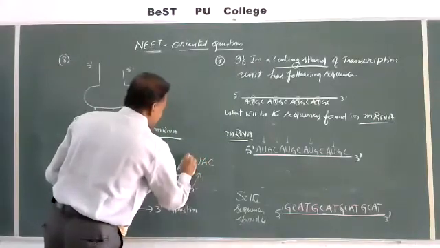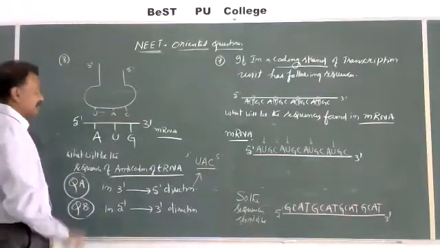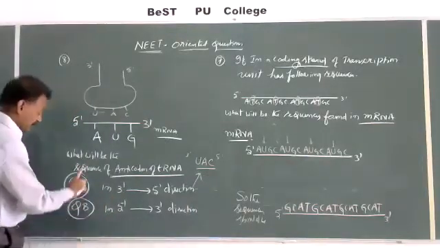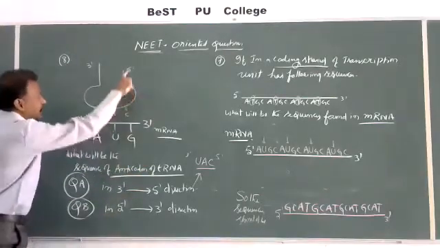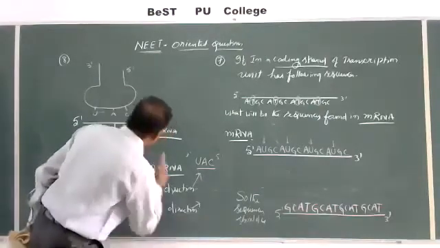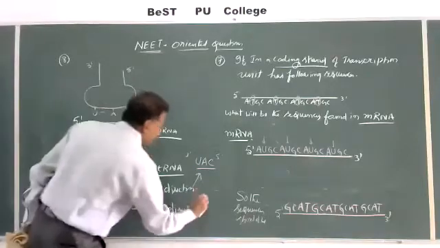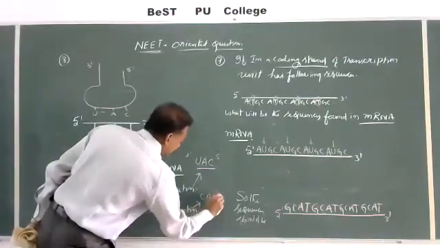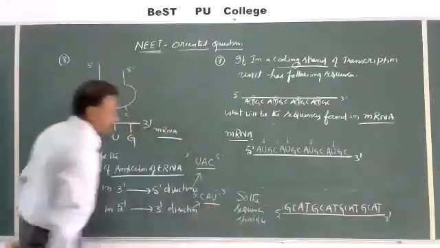Or if they ask the question, what will be the sequence of anticodon of tRNA in 5 prime to 3 prime? If it is 5 prime to 3 prime, CAU, 5 prime to 3 prime.